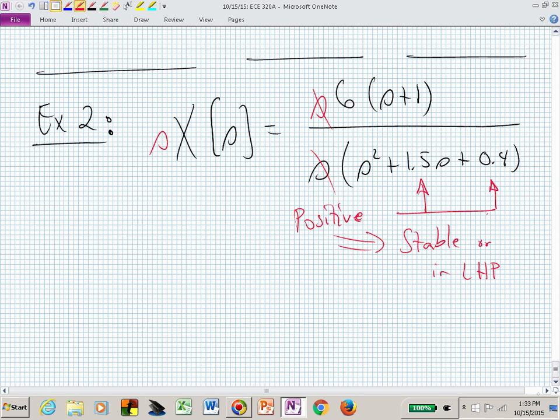The fact that we started with one pole at the origin, that actually gets canceled by the s that we pre-multiply by when we're looking at the poles of s, capital X of S.